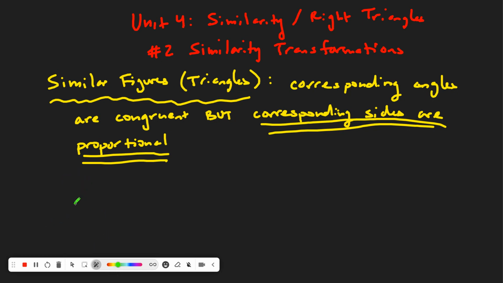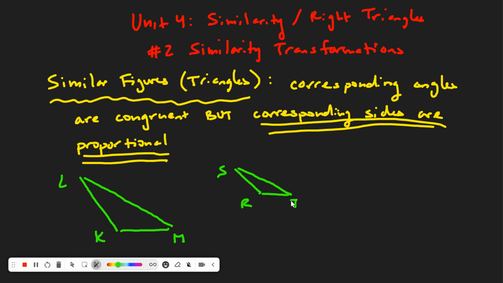So let's draw two triangles. We're going to make them two obtuse triangles. So here's triangle LKM. And let's do triangle SRT, and it's going to be smaller, but again, looking the same shape as best you can. So LKM, SRT.